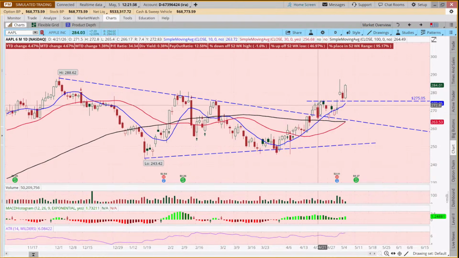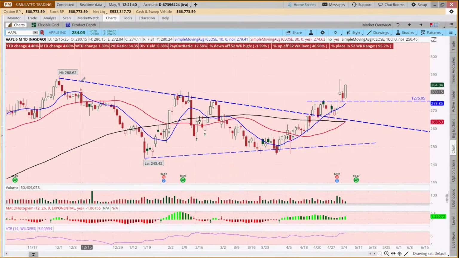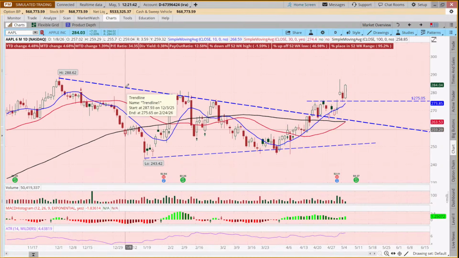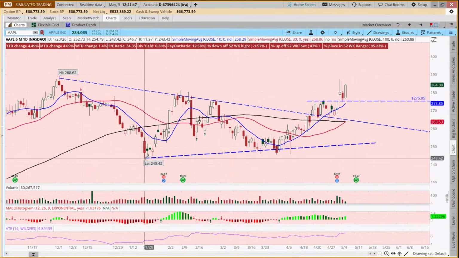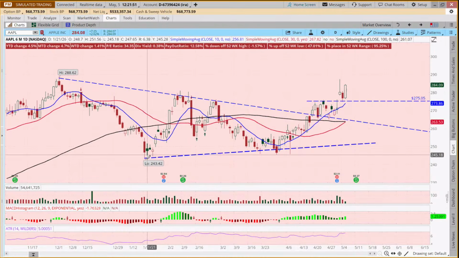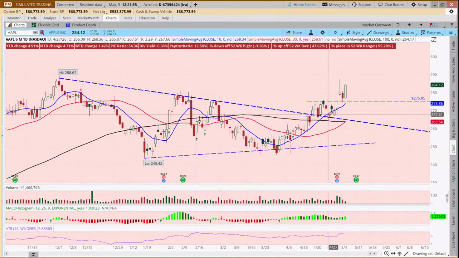and so now that this has broken out, how might you measure it? Well, you might say, I'm going to look at, even being conservative, from that 288 to 243. That's about a $45 wide pattern, right? And so you could say, well, I'm going to go from where it broke out, came out, retested.